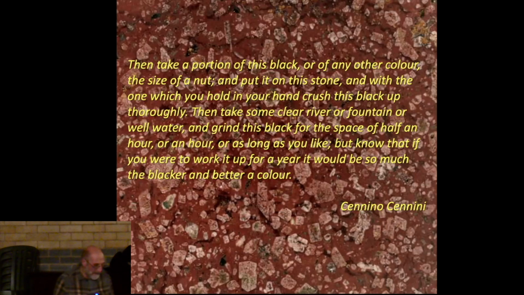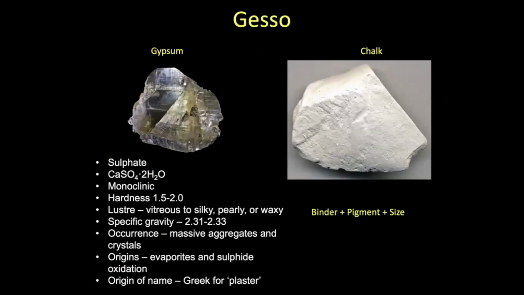Well, before the pigment could be applied to the wooden board or the canvas or the sculpture or whatever surface it's going to be, the surface has to be prepared to receive it. It's just like painting the walls of your house at home. And this usually involved applying a surface coat of gesso, a word derived from the Italian for gypsum.